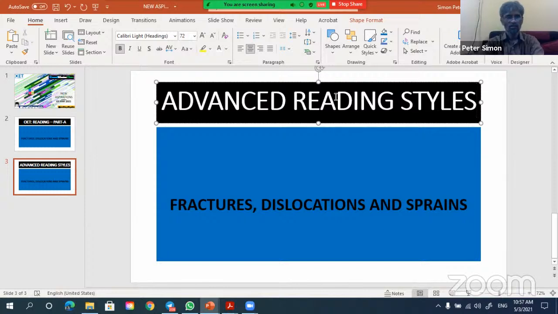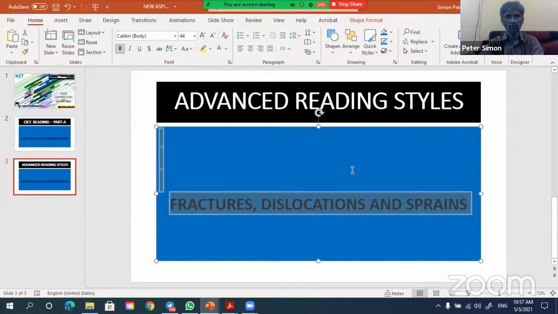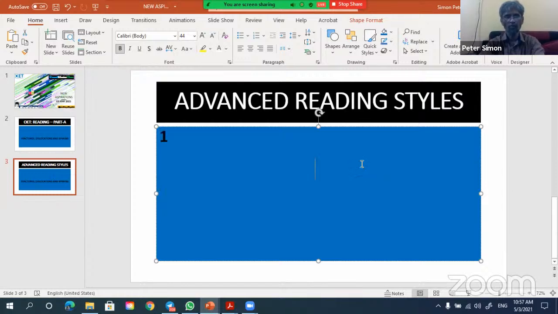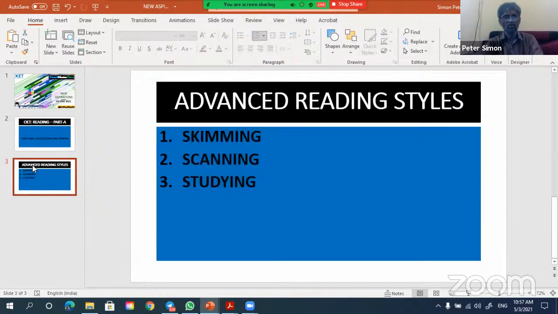They are 3 in order. Number 1, skimming. Number 2, scanning. Number 3, studying. So these are the 3 things that we have to do. Now the first one, we are doing skimming.